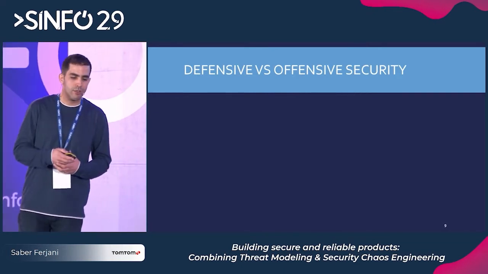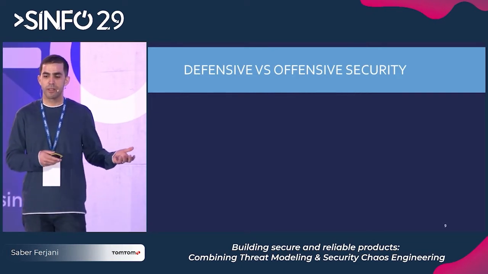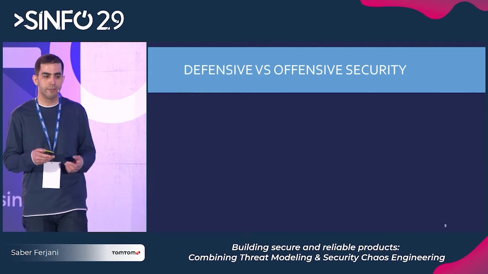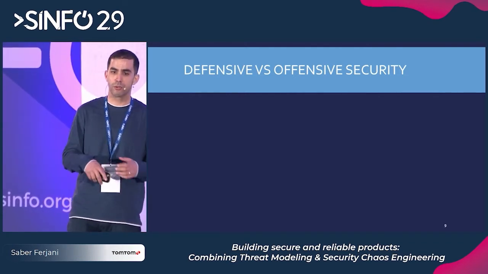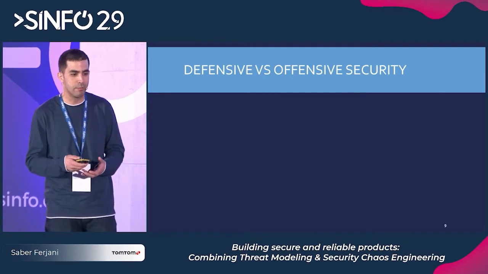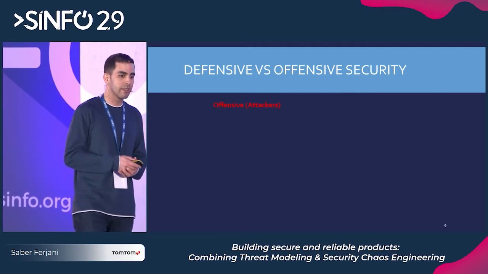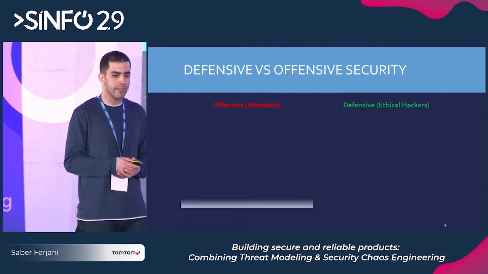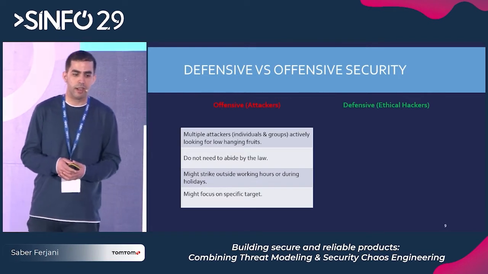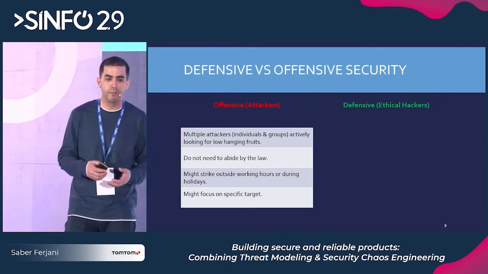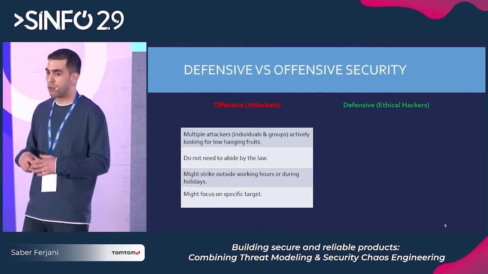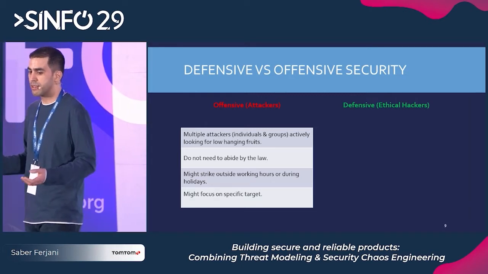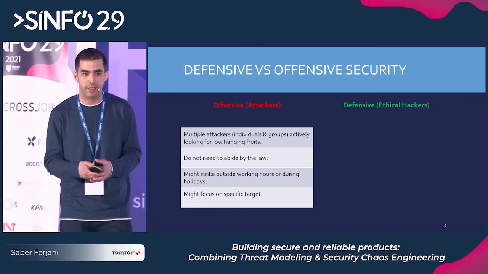OK, let's now think about the difference between the offensive side and the defensive side, and why the defensive side is probably not doing enough to stop attacks completely, which is simply impossible. On one hand, the offensive teams are actively scanning for vulnerabilities all around the globe, across all organizations, trying to find weaknesses here and there.